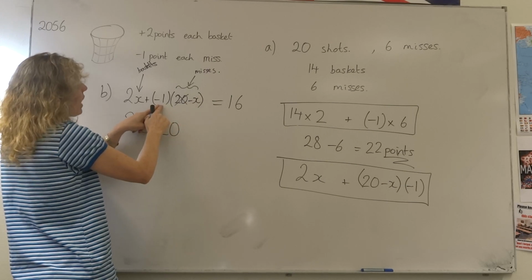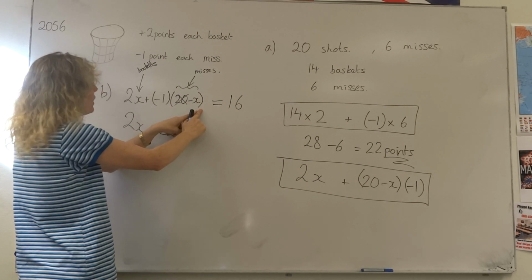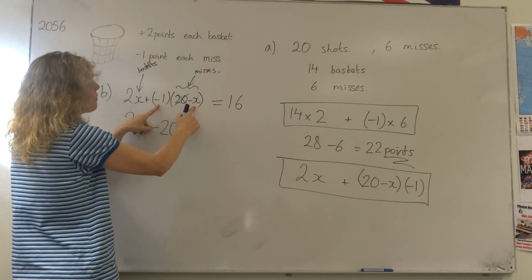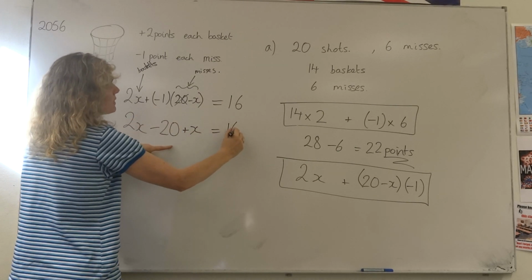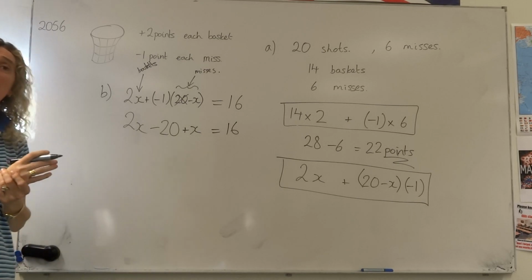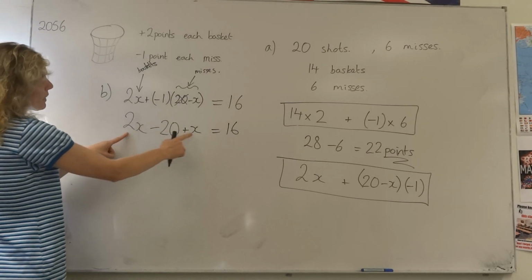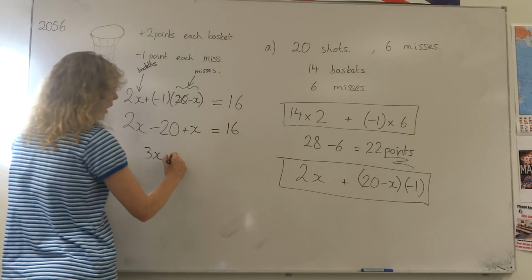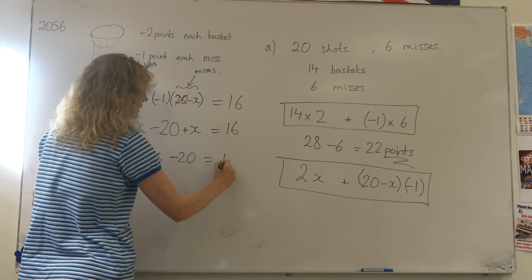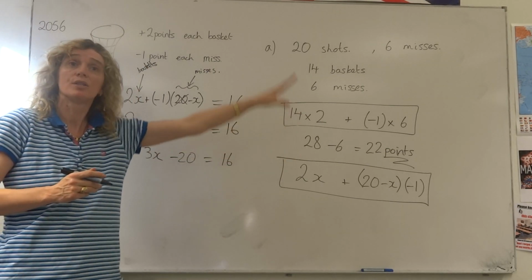So when you've got something outside the bracket, you have to multiply it by everything that's inside the bracket. So -1 times -x, that would give me plus x equals 16. So now I've expanded my brackets out. I now have an equation. 2x plus x was 3x. Minus 20 equals 16.